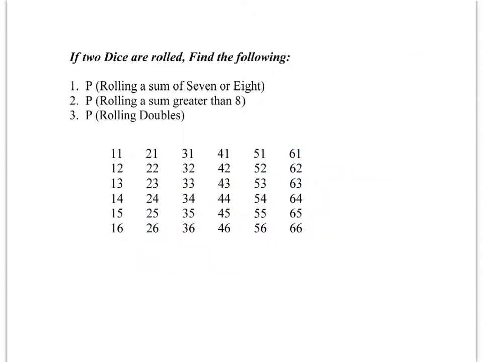What's the probability of rolling a sum greater than 8? That means a 9, 10, 11, or a 12. Well, again, I know I have 36 possible ways. All the ways I can roll a 9 are right here. There are 4 of those. There are 3 ways that I can roll a 10. There are 2 ways that I can roll an 11: 5 and 6, and 6 and 5. Remember, those are 2 different ways.